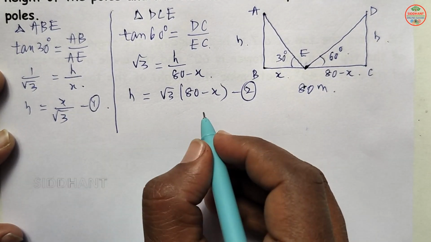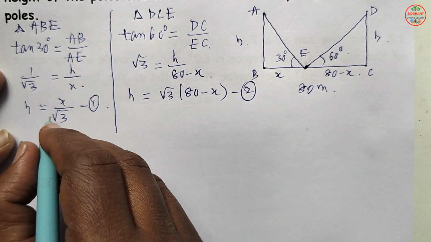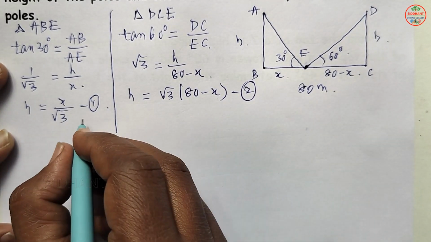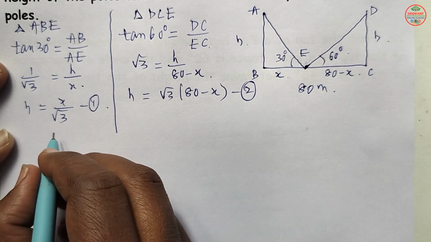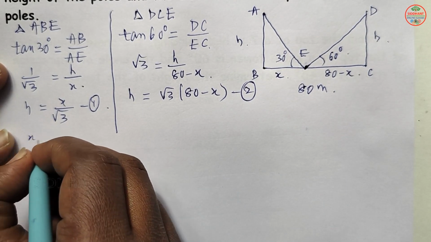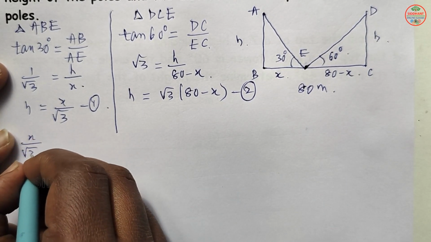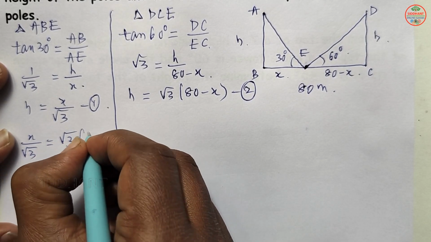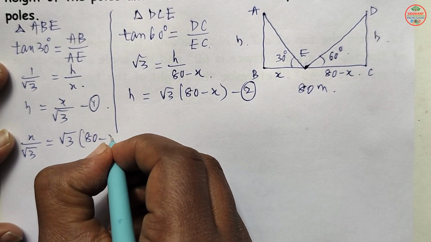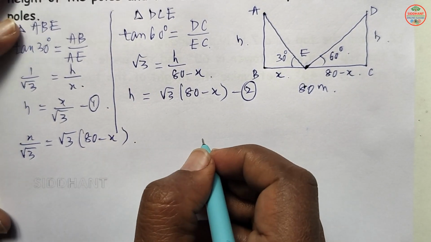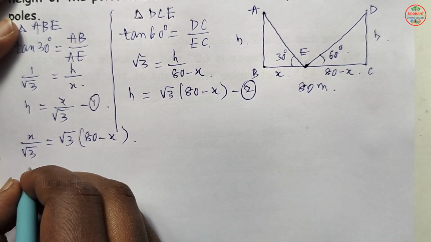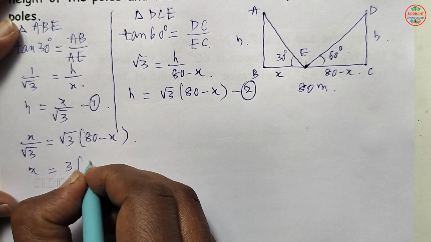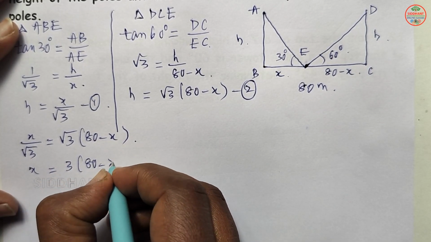So we get two equations which are equal. That means the height of both poles is equal, that means equation 1 is equal to equation 2. So X by root 3 equals root 3 into (80 minus X). So X equals root 3 into root 3, we get 3, into (80 minus X).